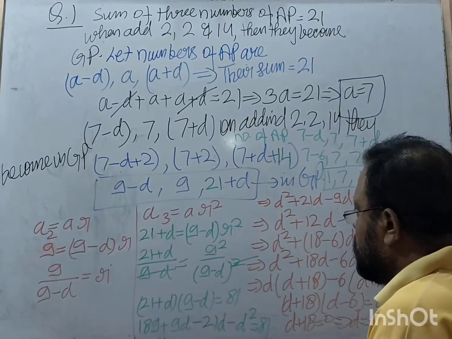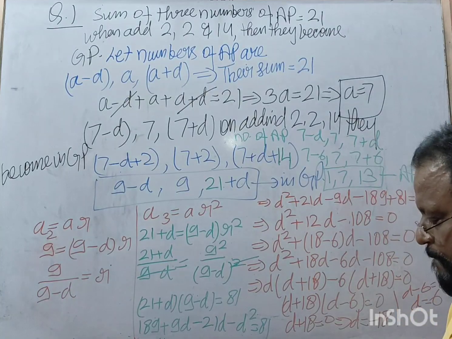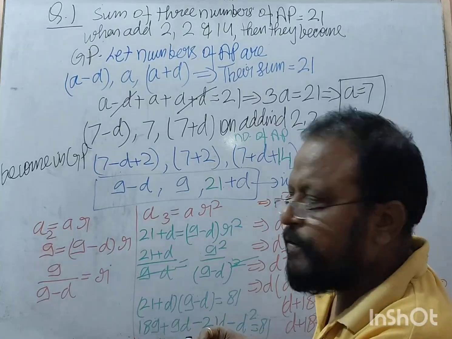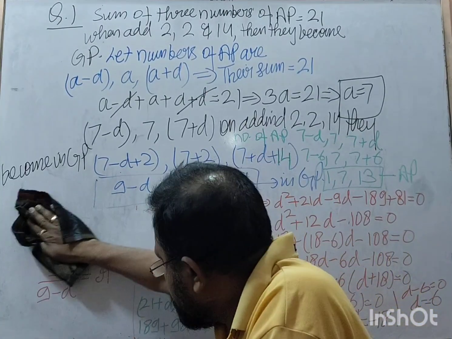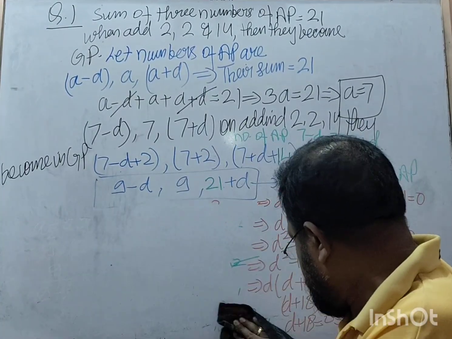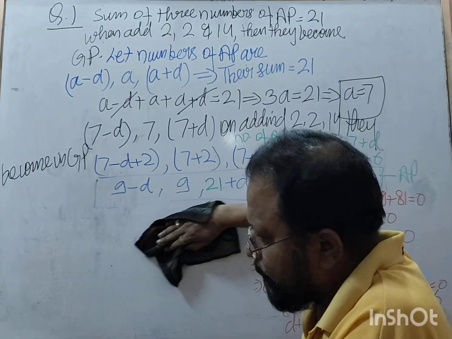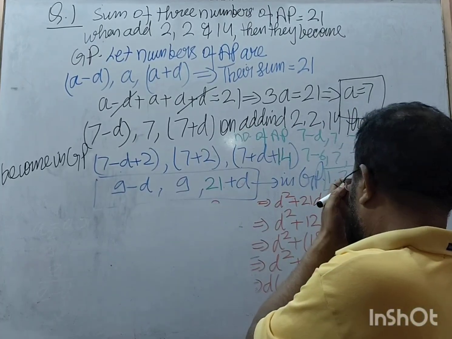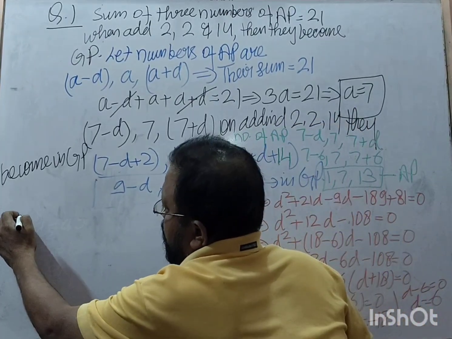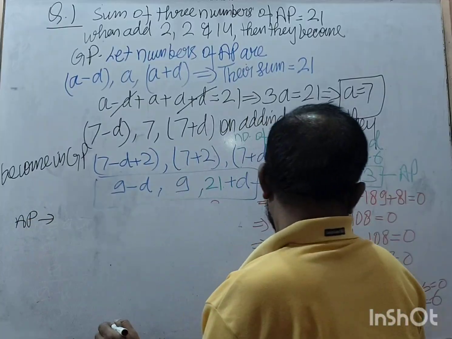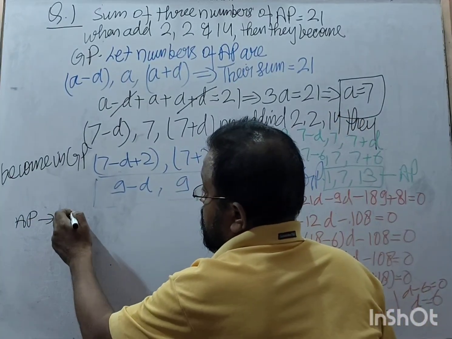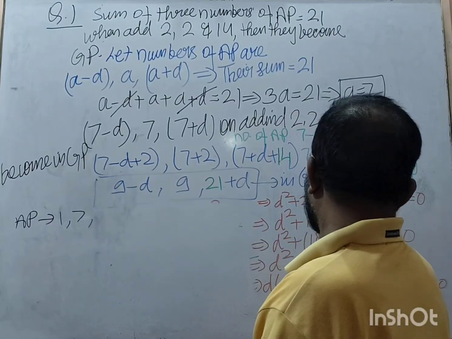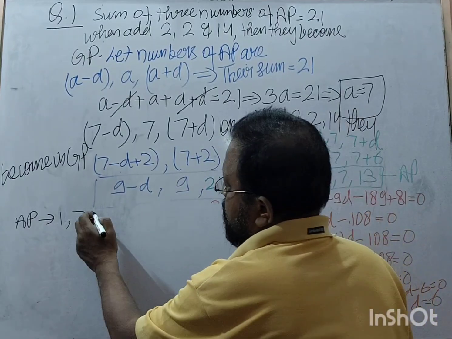Now to cross check, the AP is 1, 7 and 13.